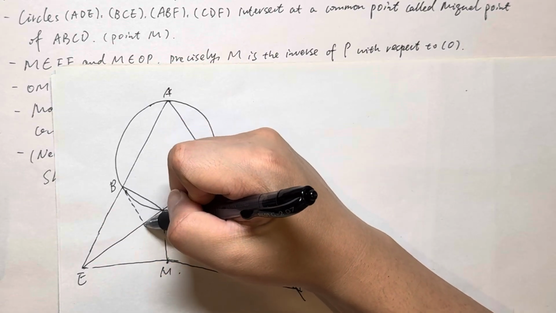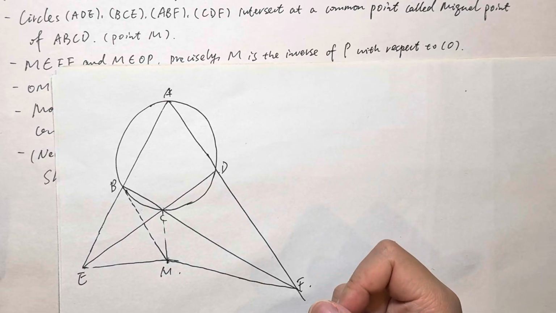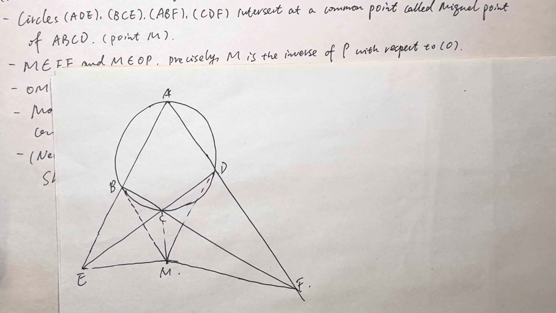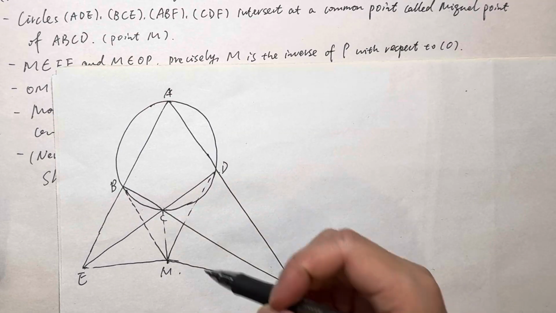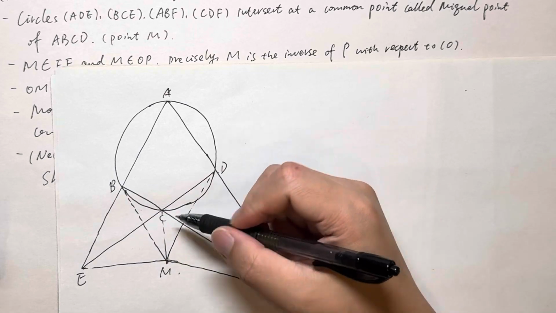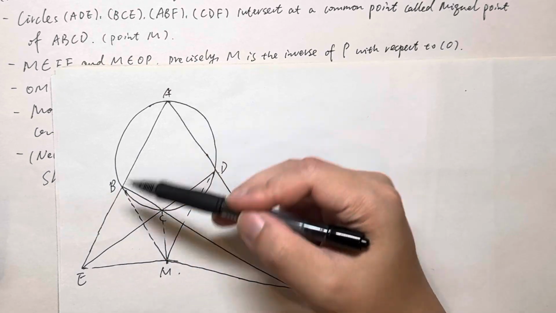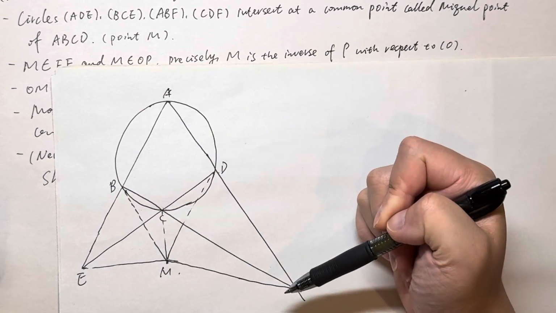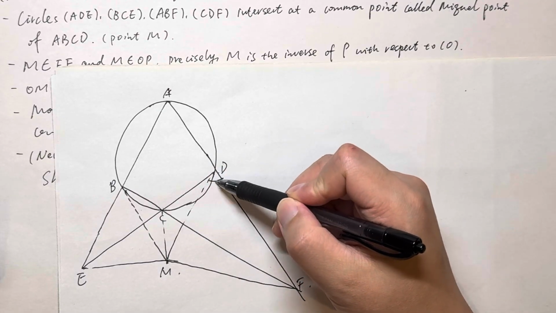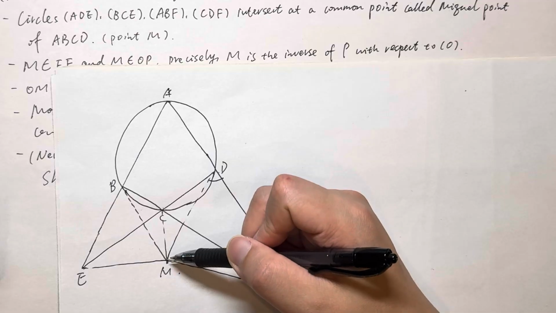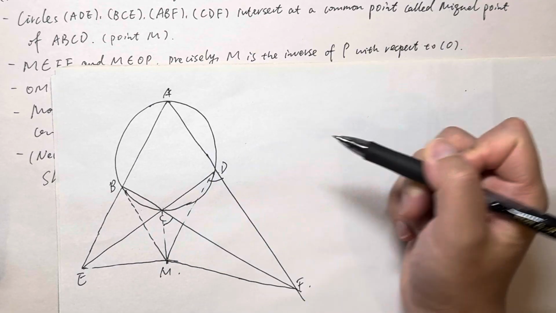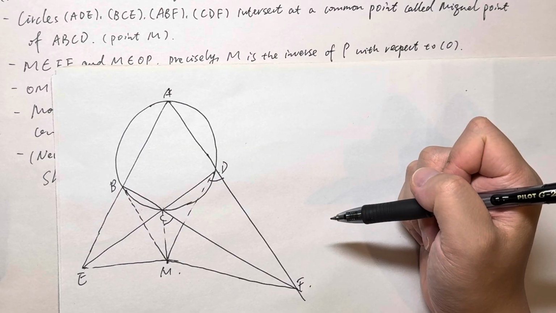So let's connect BM here, and let's connect DM here. To prove AEMD are cyclic, we just need to look at this angle, which equals the angle MCF, which equals this one, right?